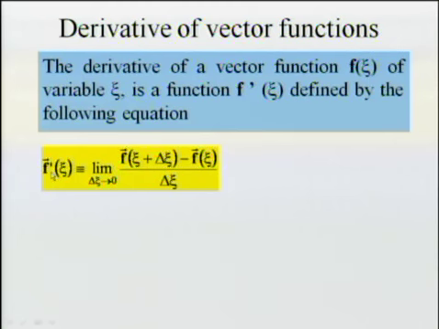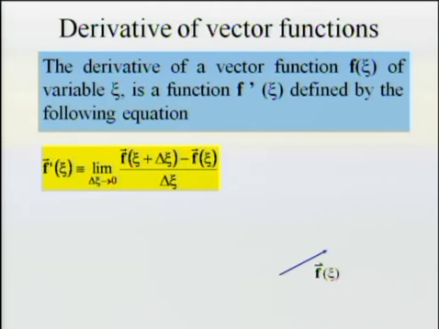We cannot plot a vector function because on the vertical axis we can only plot numbers. However, we again take the limit of this quotient. What do we call this quotient? Difference quotient, correct. So the derivative is equal to the limit of the difference quotient.